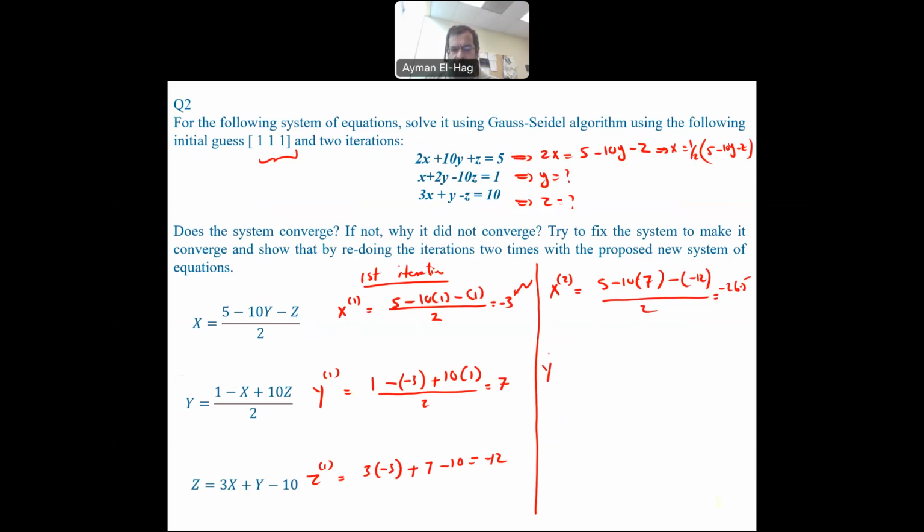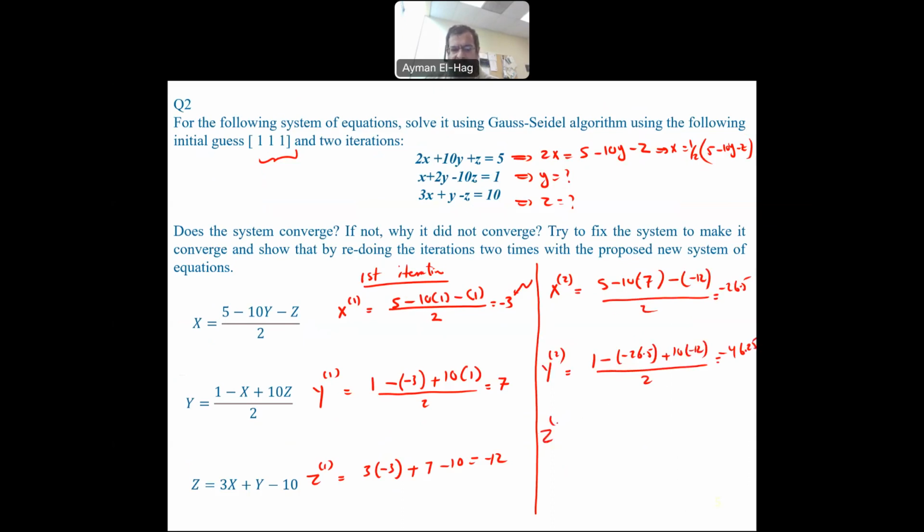If you go for y second iteration equal to 1 minus x, which is minus 26.5, plus 10z, which is minus 12, divided by 2 again, and this will give me basically minus 46.25.